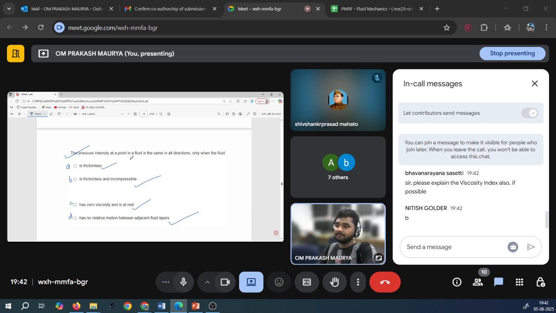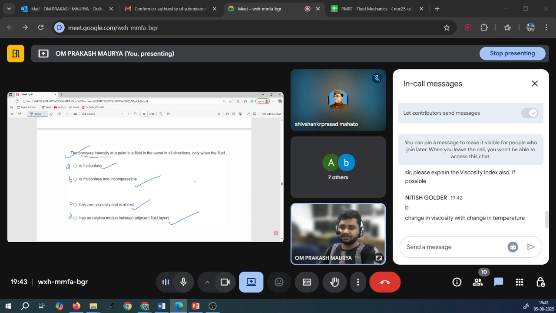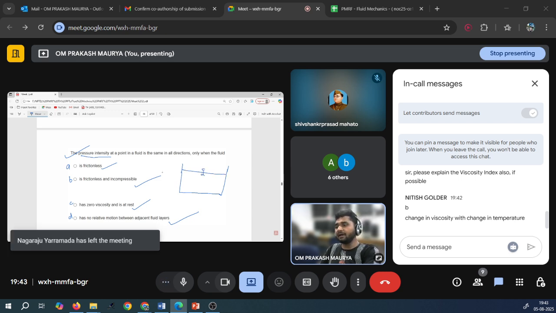One thing is the pressure intensity. Remember, pressure intensity at a point. Change in viscosity with change in temperature, okay, I'll discuss these things after this question. Let us suppose you have water here and we are discussing a point.